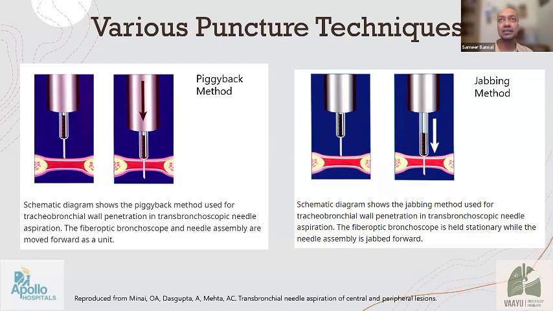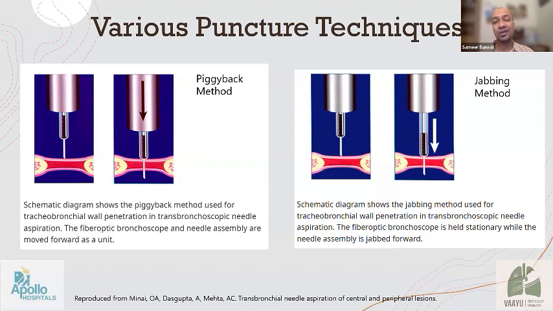This has an advantage that it gives that extra traction from the scope itself, because sometimes the mucosa may be hard and only jabbing may not be useful; it may not really penetrate. However, that is the jabbing method, which is the second method. That is, you keep your scope still and only the needle you push as far as possible. Now, sometimes hard surfaces, cartilages, or hard mucosal surfaces may not allow for this jabbing method properly, and the needle may get bent.